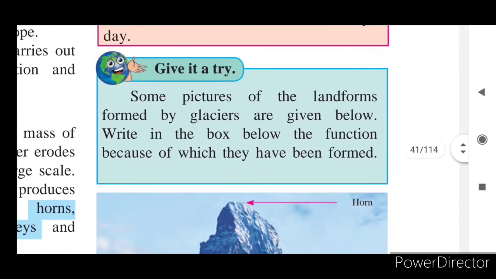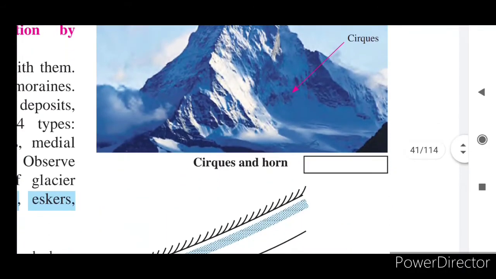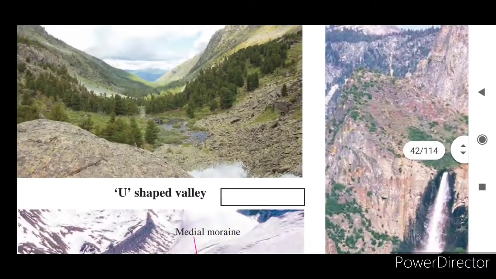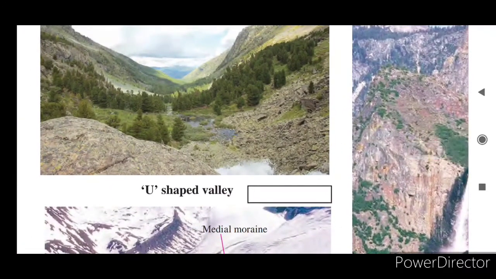See, some pictures of landforms formed by the glacier are given below. Write in the boxes below the function because of which they have been formed. First, cirque and horn are given, due to erosional work. Next is the U-shaped valley, because of erosional work.